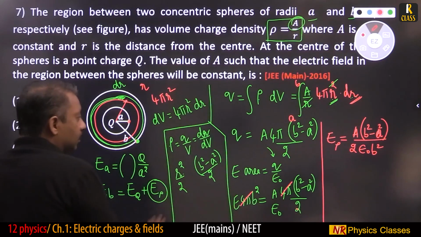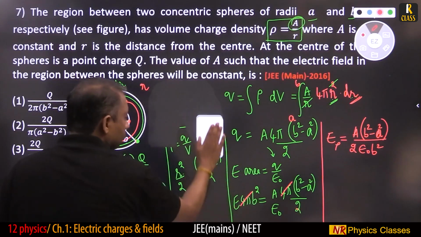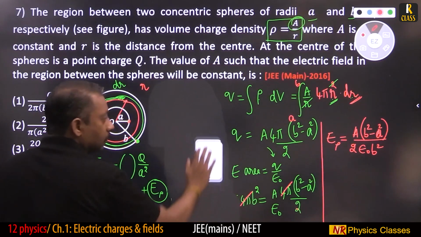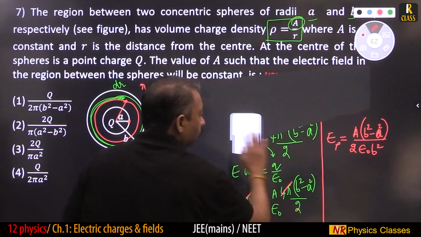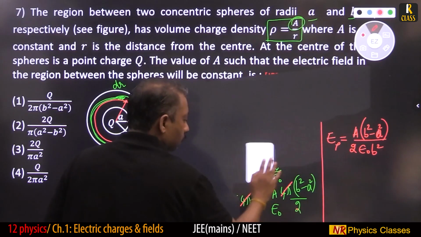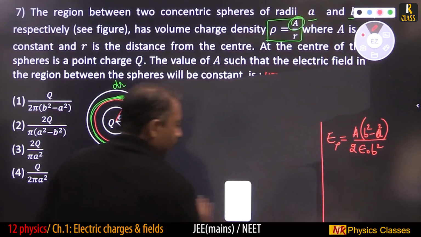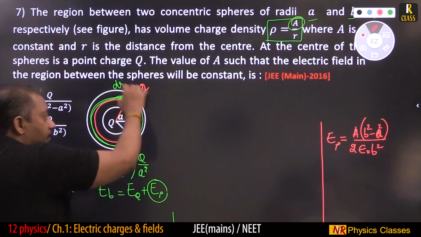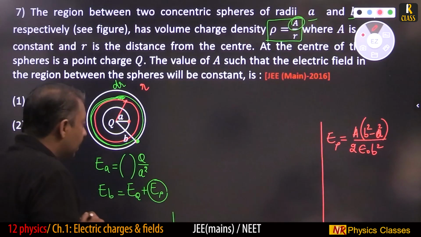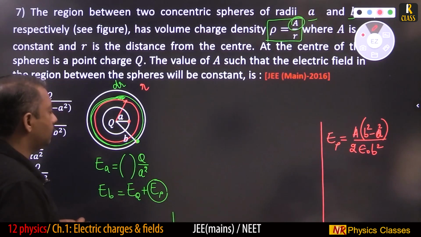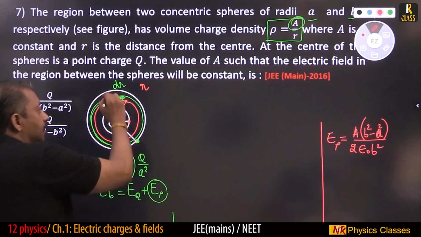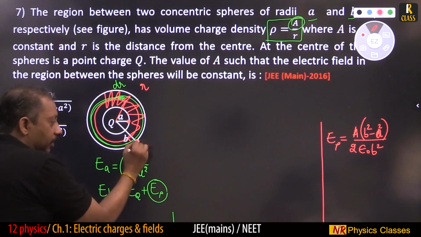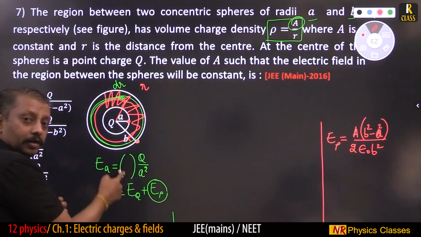It's mentioned the electric field is uniform. Electric field is uniform means electric field in this region is uniform, so electric field at A equals electric field at B; these two must be equal, right?